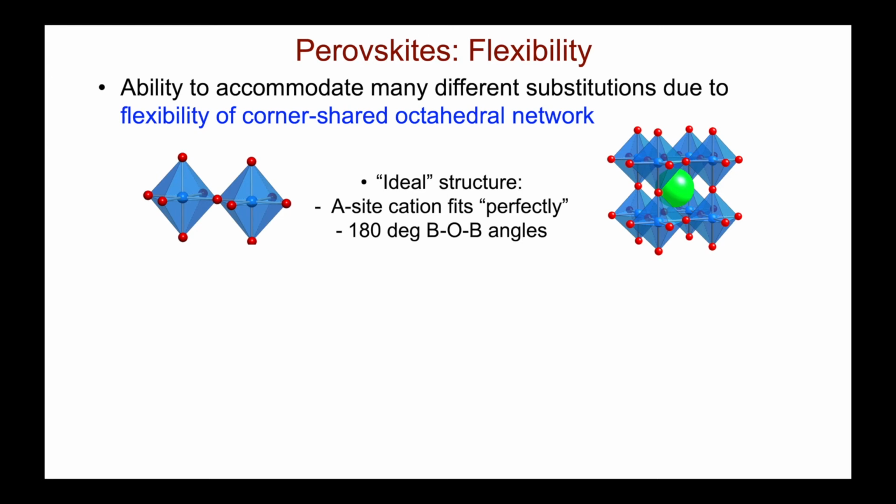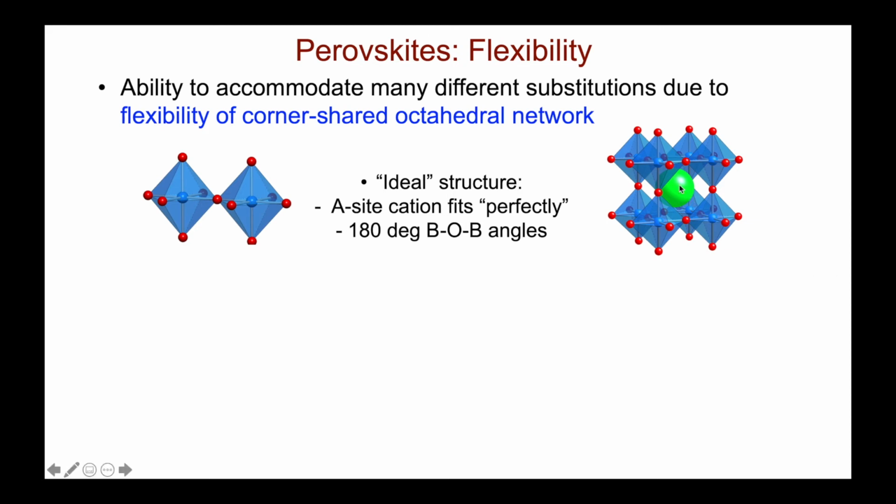It can move backwards and forwards. It can bend. In the ideal perovskite structure, it's not bent at all, and so this bond angle is 180 degrees. And I have a perfect cubic perovskite, and the A site cation, which I've made a more realistic size here, fits perfectly in the middle of the cube.